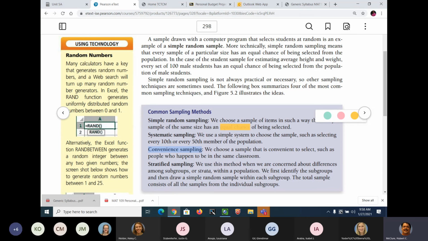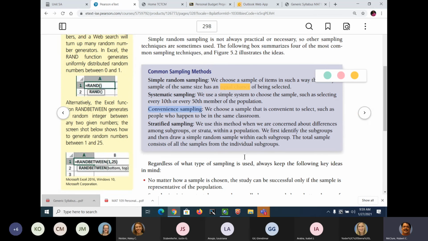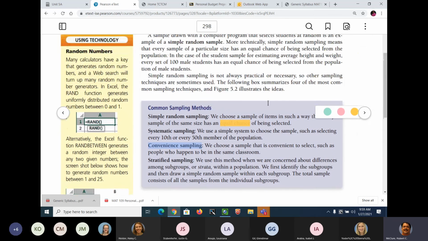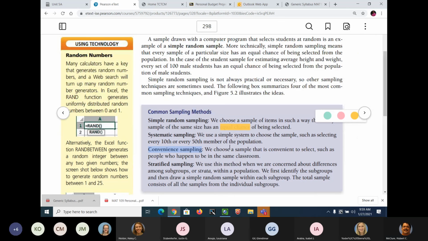I have broken them up into groups, and that's what stratified is. Now, I'm not going to test you on these definitions, but a standardized test would. So you need to put in your notes that the common sampling methods would be on a standardized test.